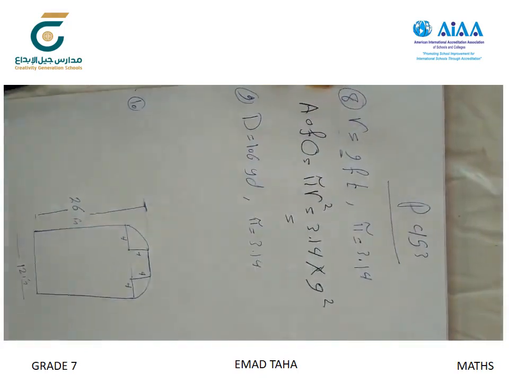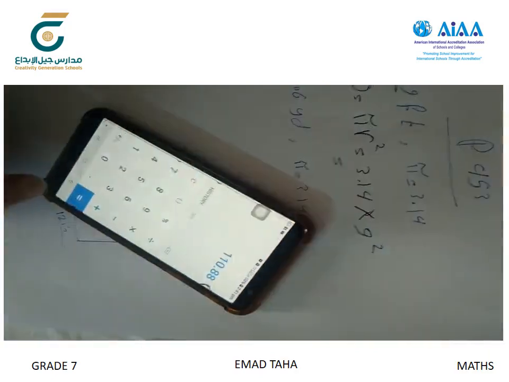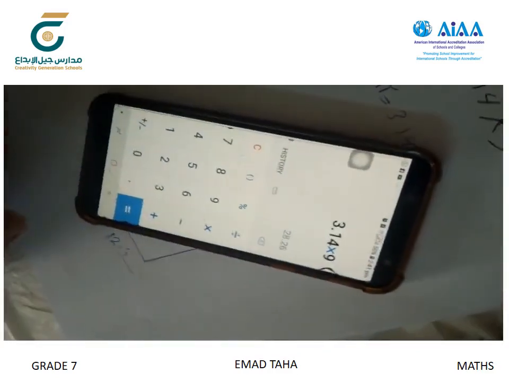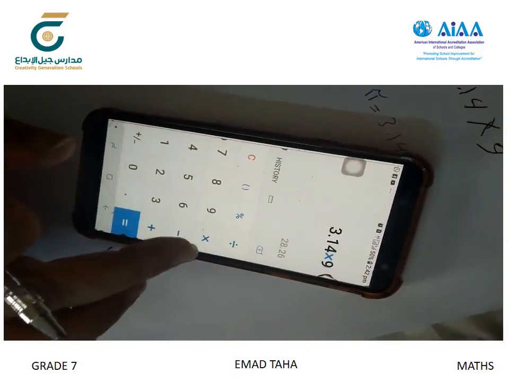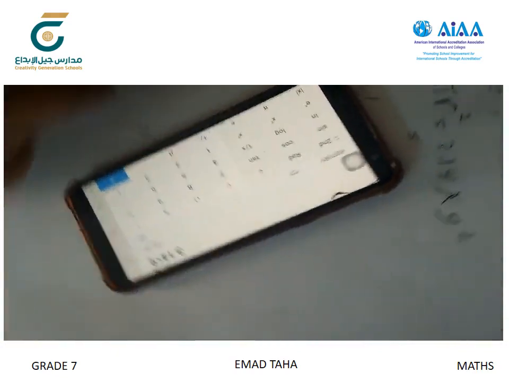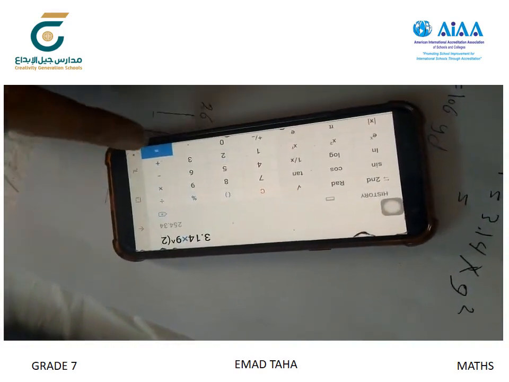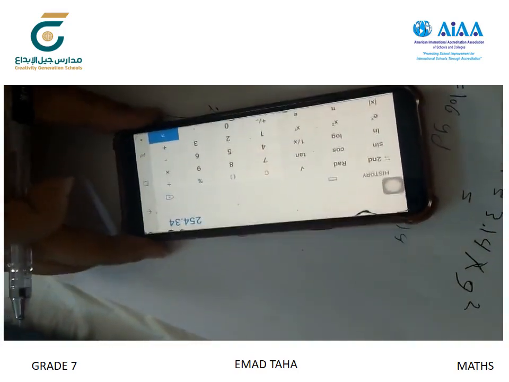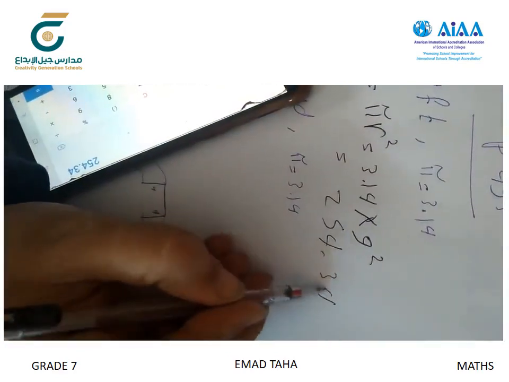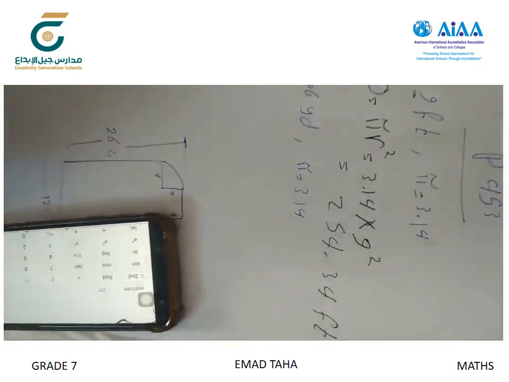Okay, now we use the calculator. 3.14 multiply 9 to the power 2, it means 9 times 9, or we can rotate the calculator to write the power 2, equals 254.34 square feet.